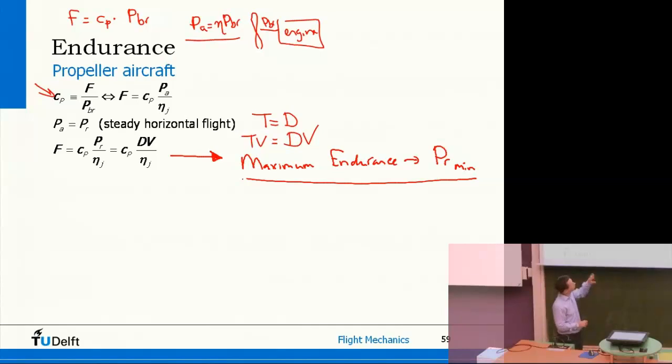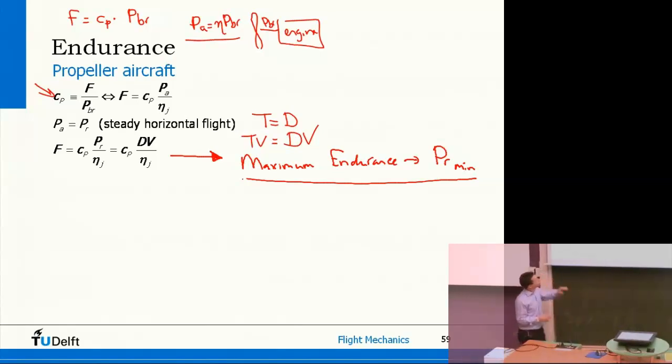If I put it in the equation and I say, okay, drag, that's actually CD over CL times weight. So that also follows from lift is equal to weight. Then I get this long equation.